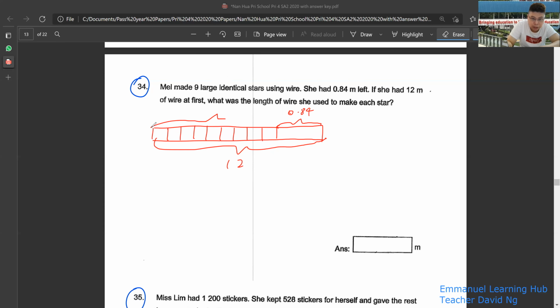So this part that she used to make the stars, what's the length? 12 meters minus 0.84. Yes. 12 minus 0.84, what's the answer?